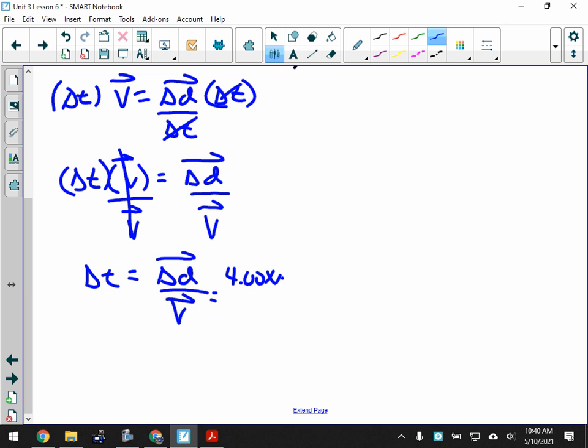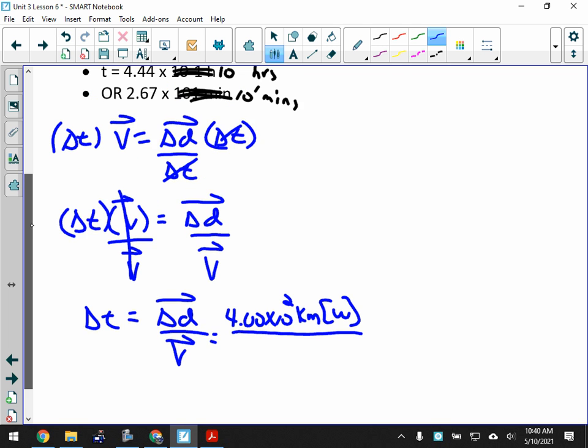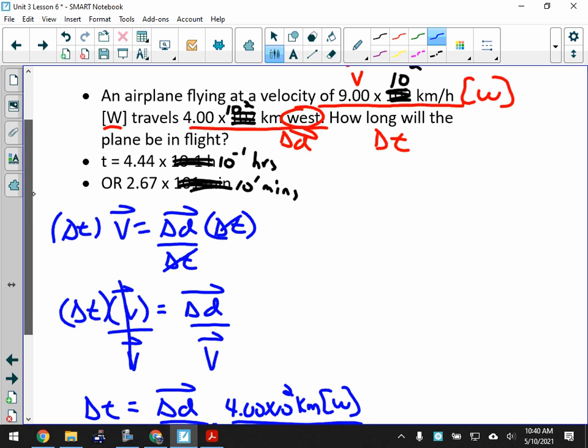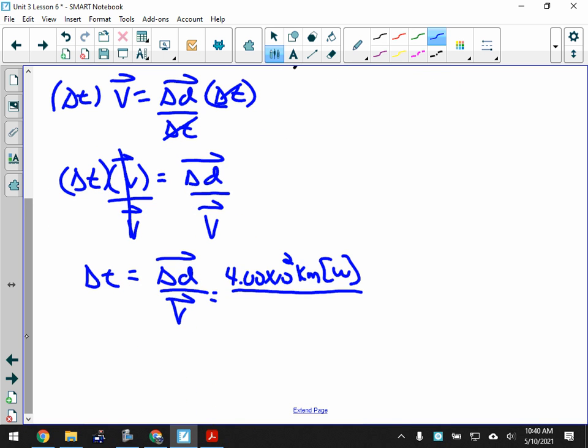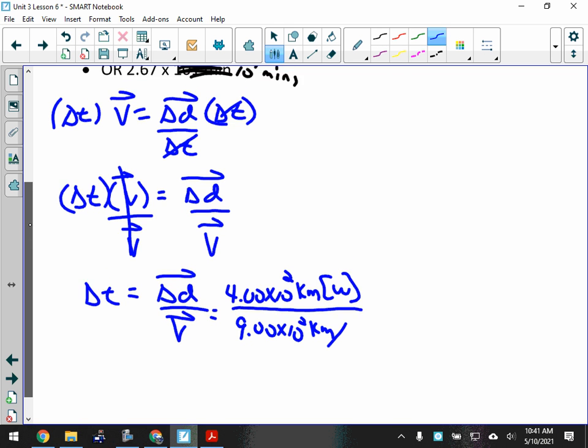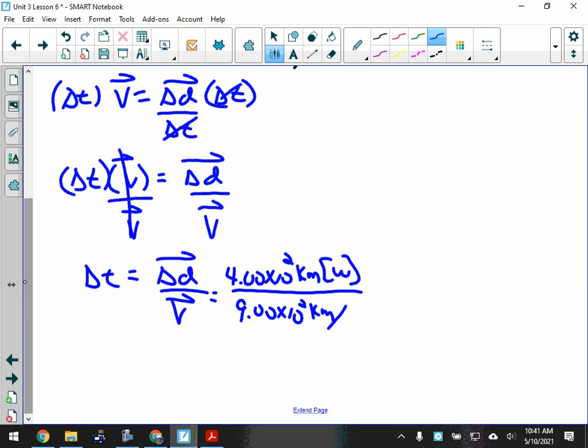I'll just type that in here. 400 kilometers west, and it's traveling at 900 kilometers per hour in the west direction.